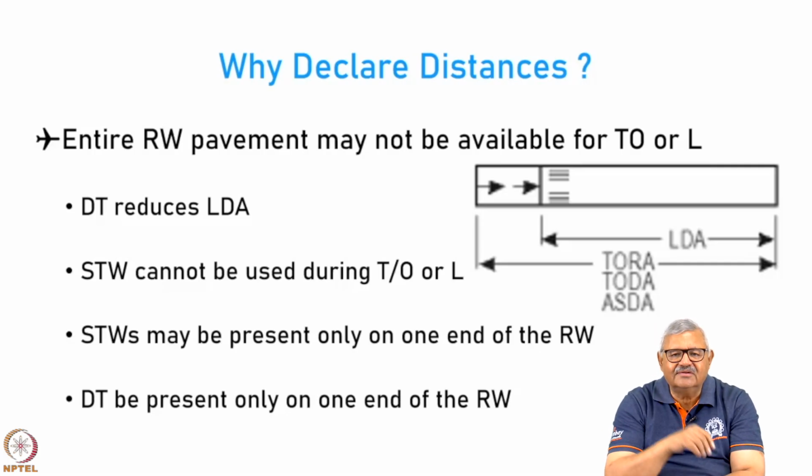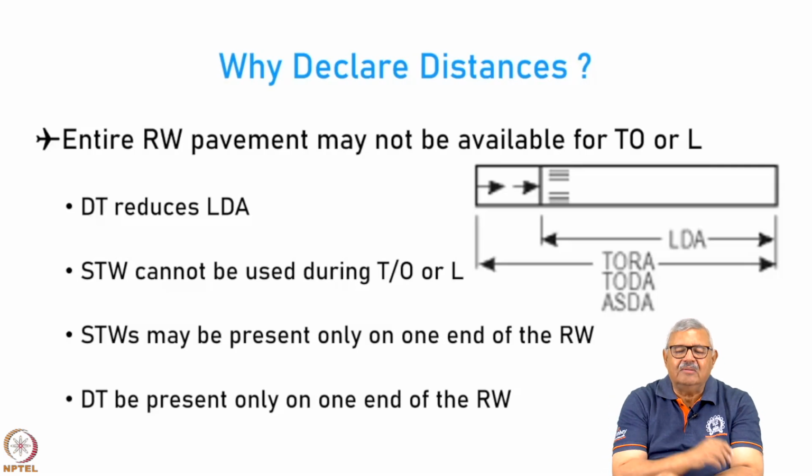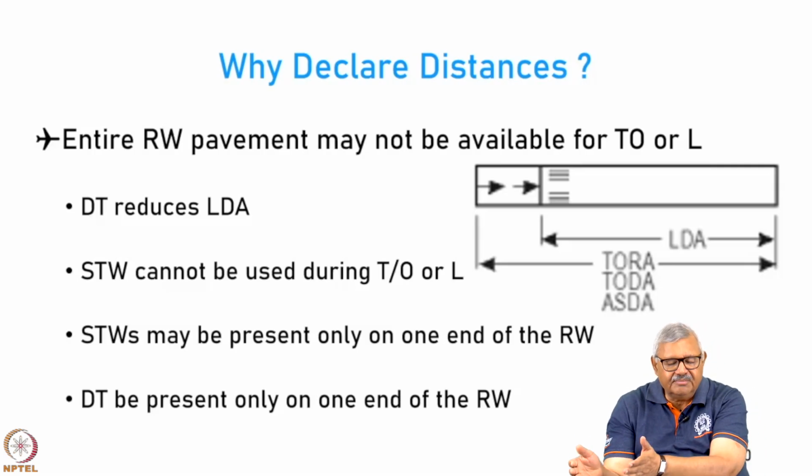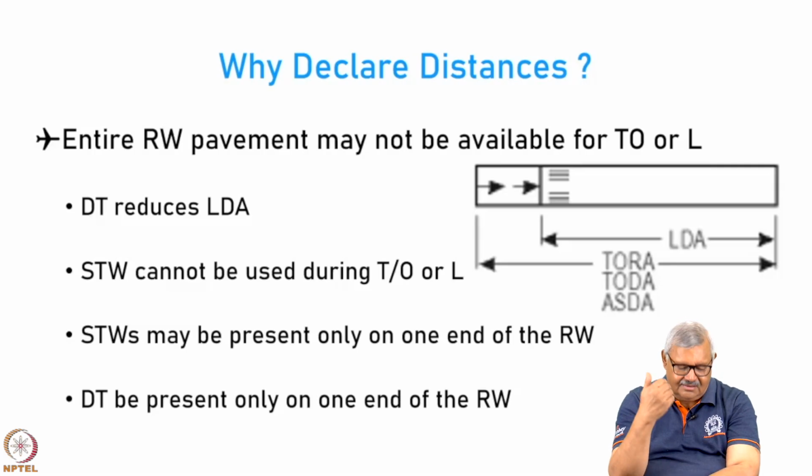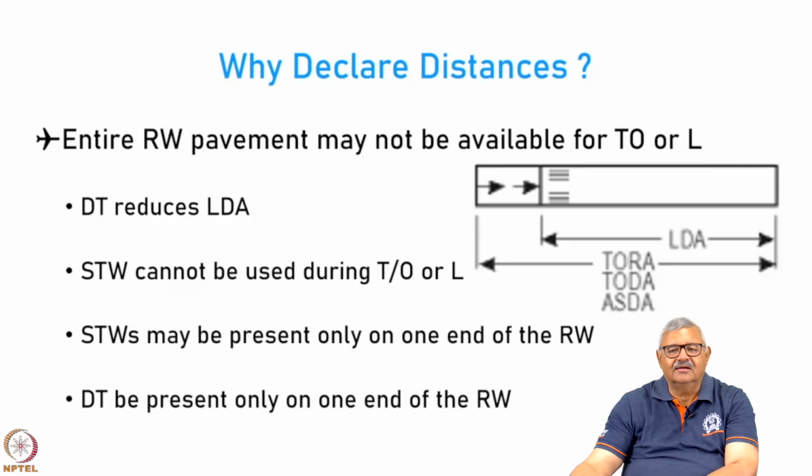So, because of all these reasons, although there is a runway pavement available, there may or may not be stopways and clearways available. People who are operating the airport need to inform the pilots who are operating aircraft to take off and land what distances are available, so that they can plan. That is why every airport needs to declare the distances.